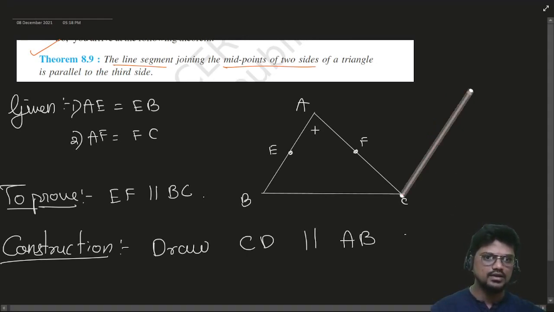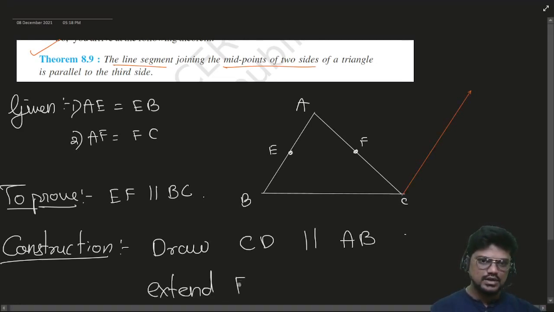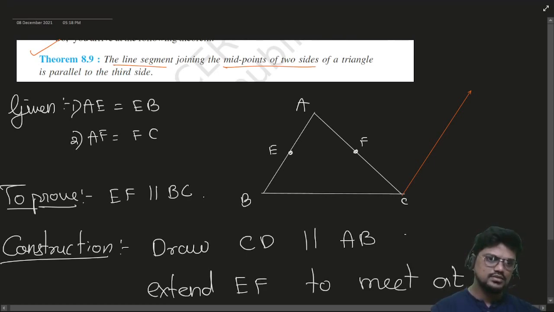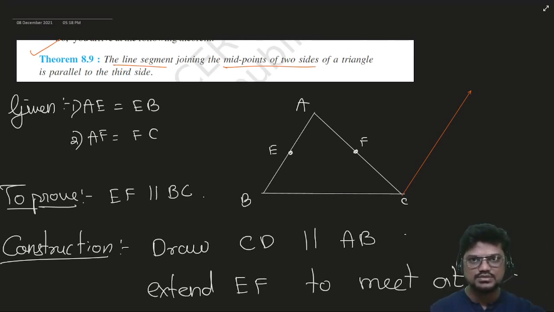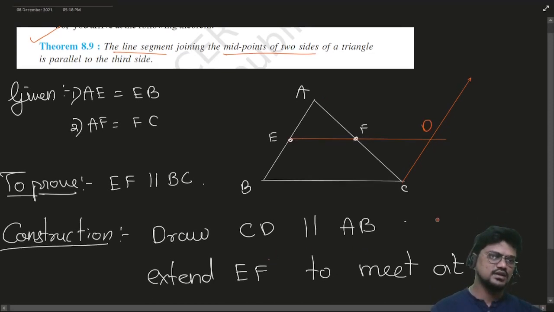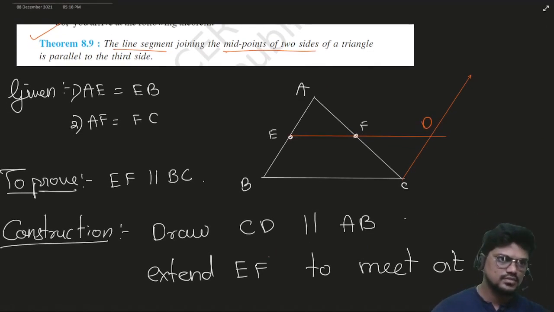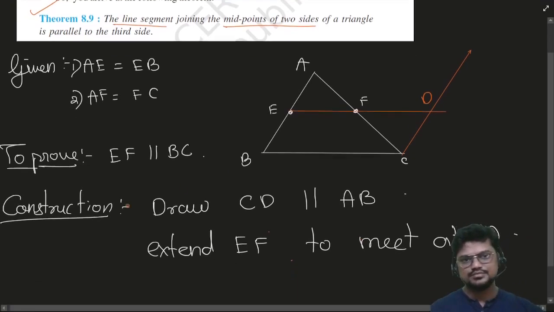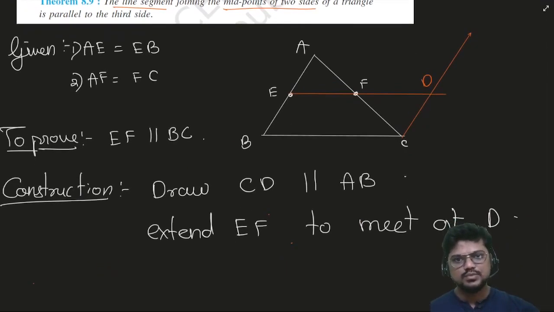It should be parallel to AB, and then extend EF to meet at D. That is, I will extend this. This will meet at D. Is this clear? Now let's write the proof.